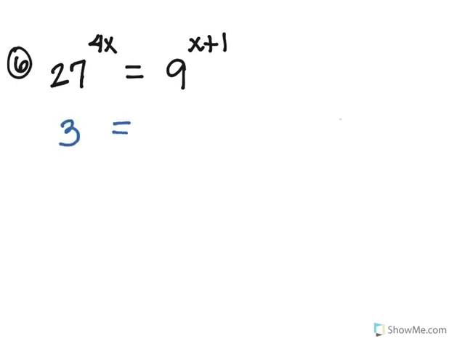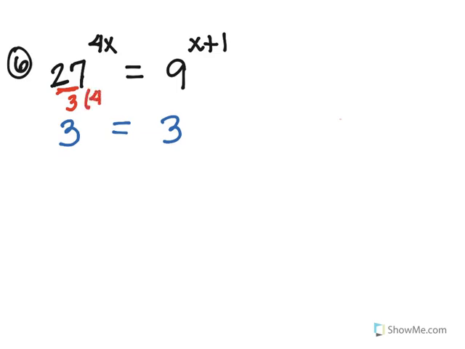So that's my base. Now on this one, I'm showing you that I'm going to have to raise both sides to an exponent in order for me to get 9 and 27. So on the left side, in order for me to get 27, I would need to raise 3 to the third power. 3 to the third power is 27.